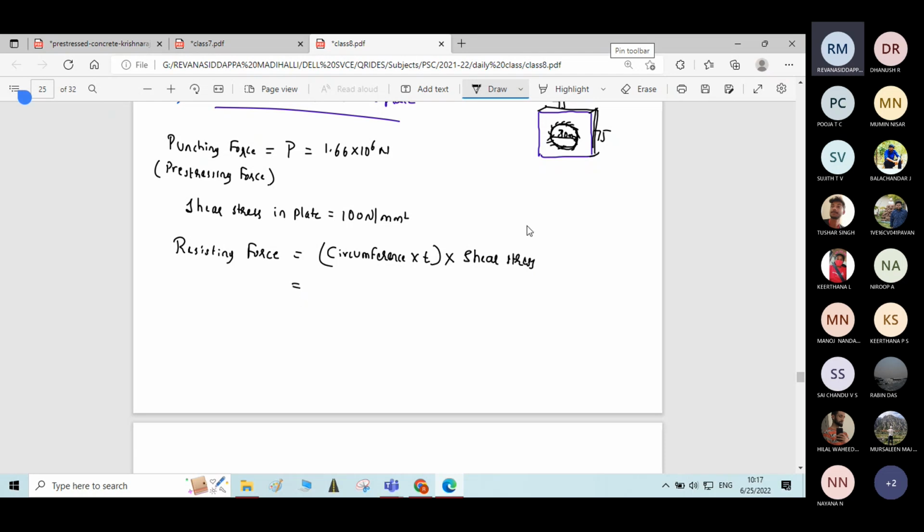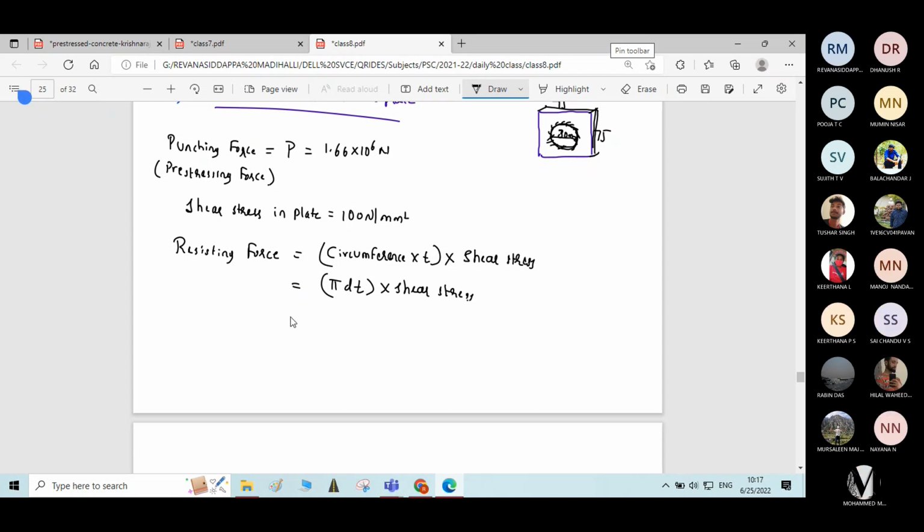The circumference of this circle is pi into d, so the resisting force is pi d t into shear stress, which is 100 Newton per mm square.